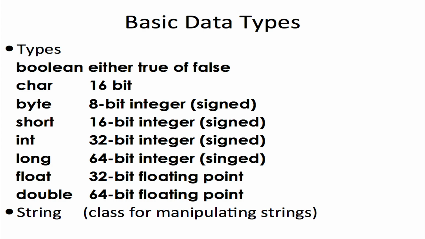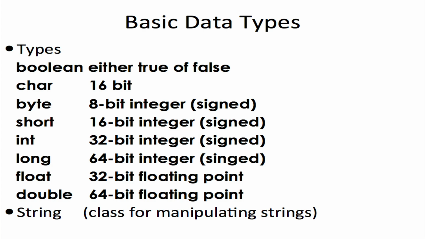Now see short, which is a category of integer, and it covers a 16-bit integer, meaning 2-byte integer. Next is integer, which is a 32-bit integer, meaning it will store 4 bytes of data.